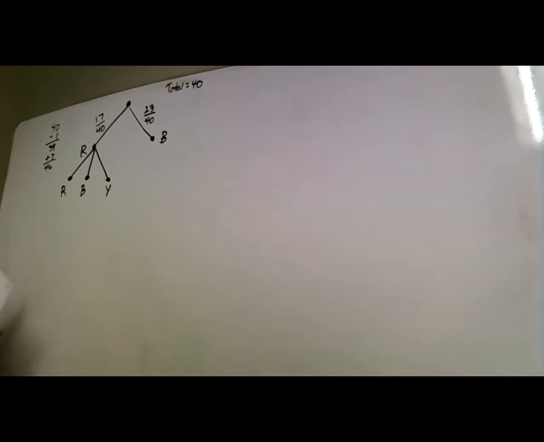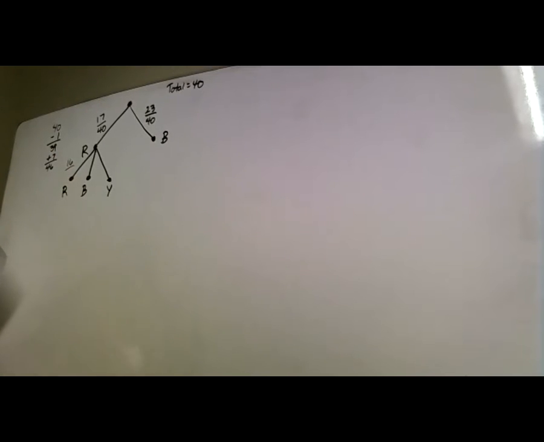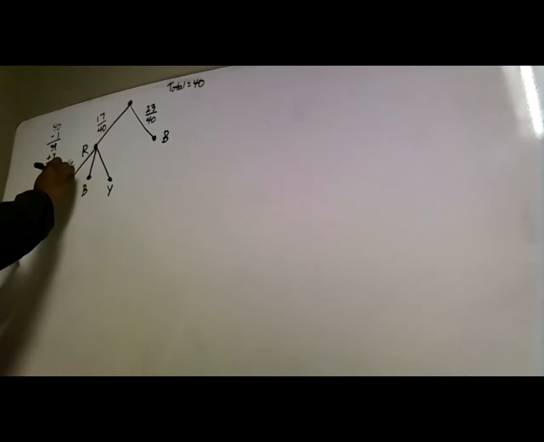Okay, so now on the second draw, the probability of getting a red marble, instead of 17 red marbles, you're going to have 16, because the first marble that you drew is red. So you'll be down to 16 out of 46.